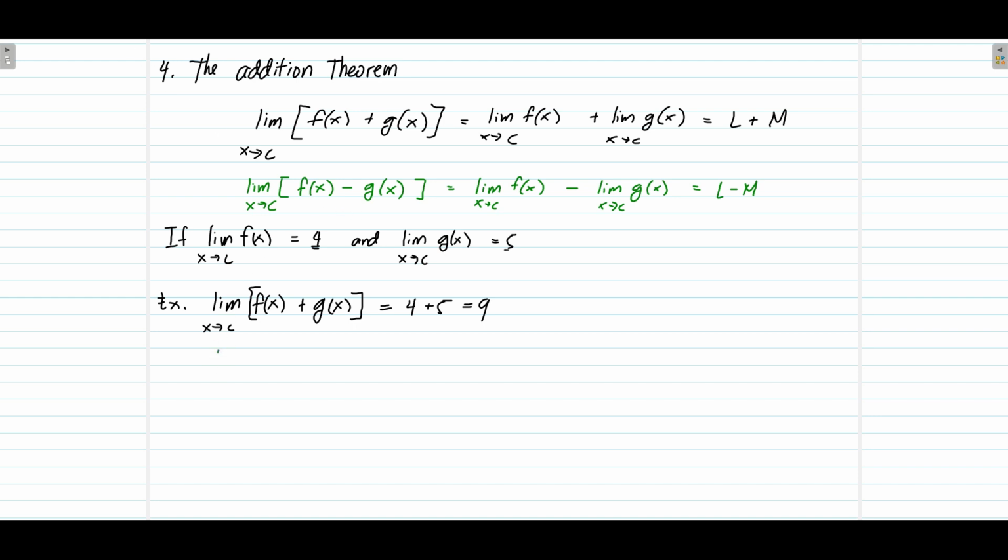Try lang natin. Limit of f of x minus g of x as x approaches c is equal to, you take the limit of f of x, kunin yung limit ng f of x muna, minus you take also the limit of g of x as x approaches c, and dito nakadefine yung limit ng f of x ay 4 and yung limit ng g of x is 5.